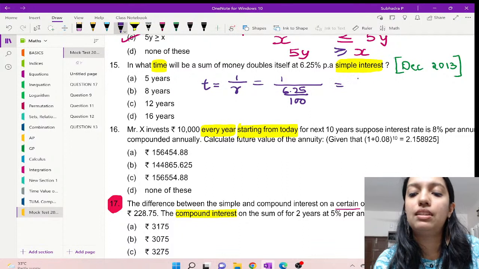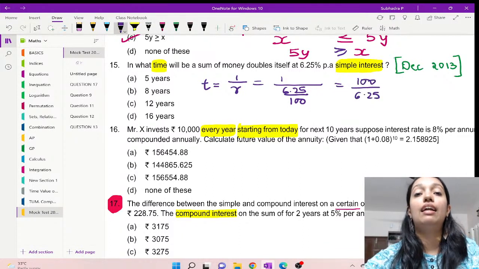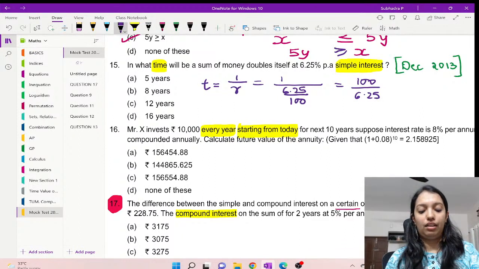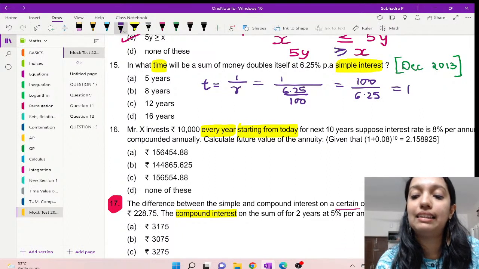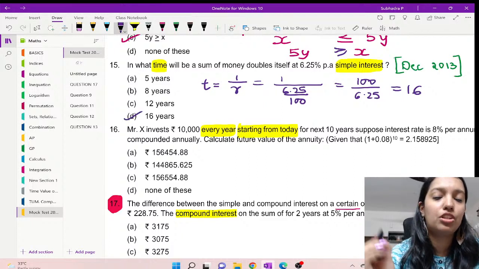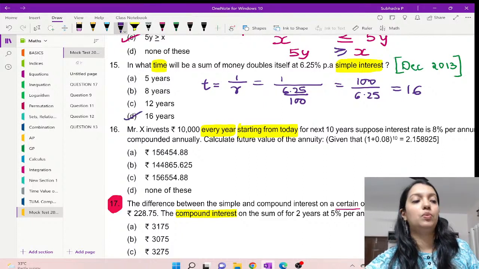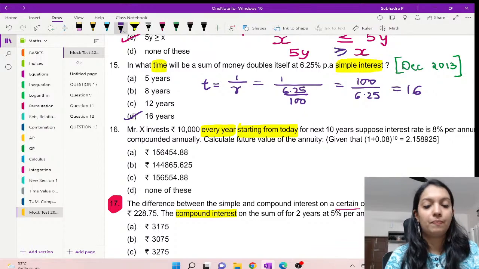So that means it is 100 divided by 6.25. Take your calculators. 100 divided by 6.25. You will get your answer as 16. Do we have that in the option? Yes. Correct answer for this question is 16 years.